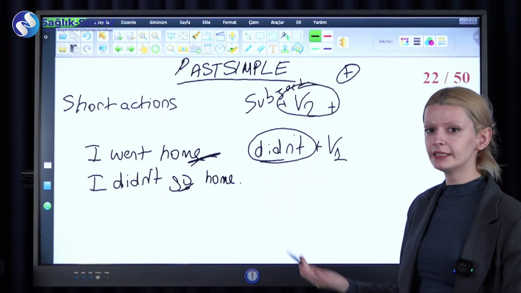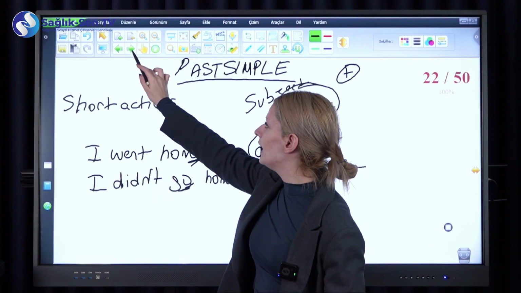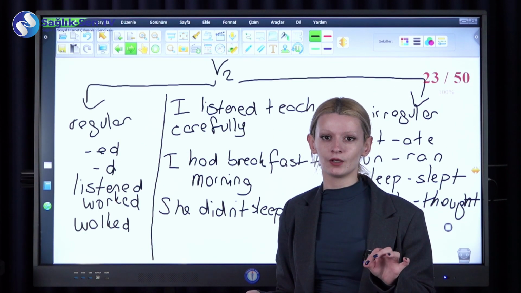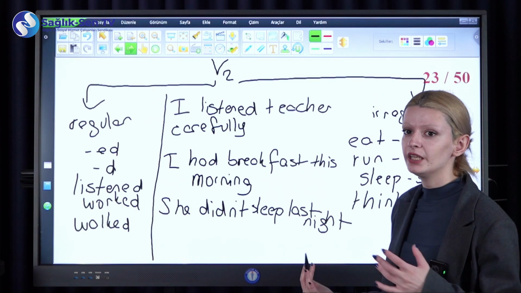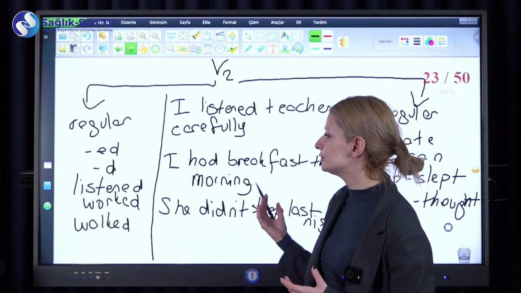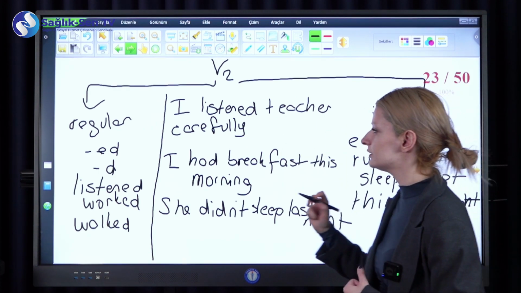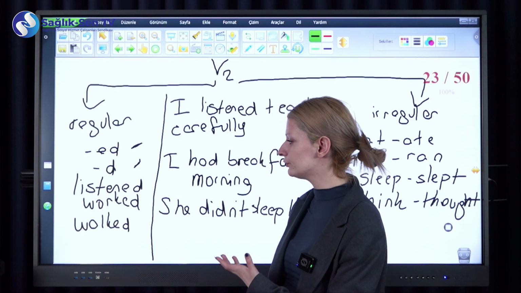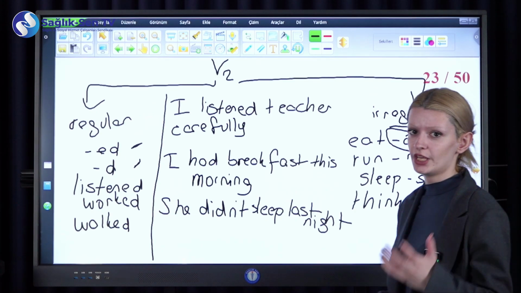If we're making a negative sentence, we use didn't plus verb 1. And for the question form, I put did in the beginning of the sentence and then subject and verb 1. In order to create verb 2, we use either regular or irregular verbs. In regular verbs, we add ed or d at the end of the verb. And in irregular verbs, the complete verb changes.